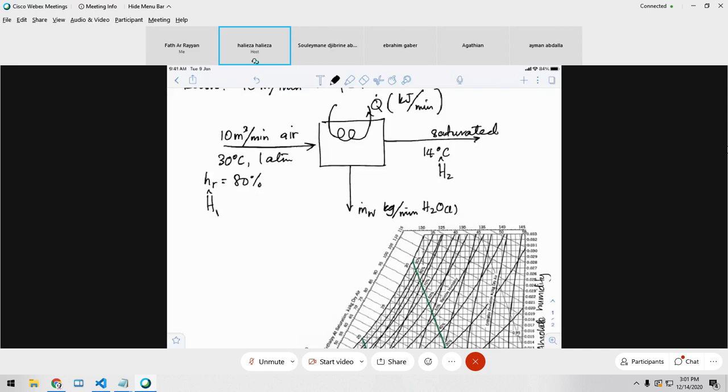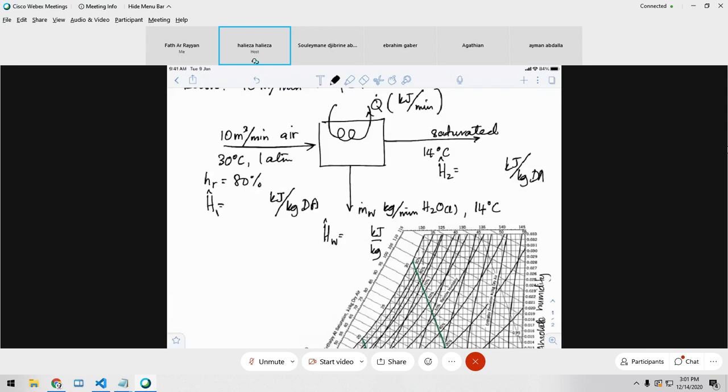And for your water, the enthalpy of water: it is also coming out at 14 degrees C, so you can use Appendix B5 to get the enthalpy of your water, in kilojoules per kilogram. This should be in kilojoules per kilogram of dry air.